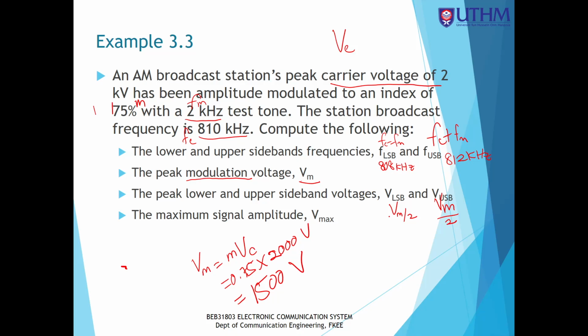And for the Vmin, if let's say the question asks Vmin, katalah soalan tanya, so it is Vc minus Vm. So this is 2000 minus 1500.